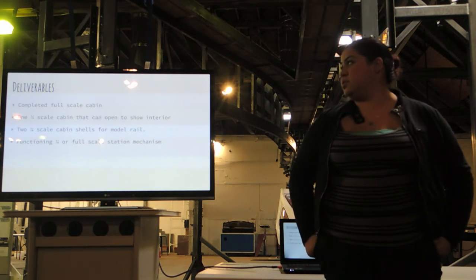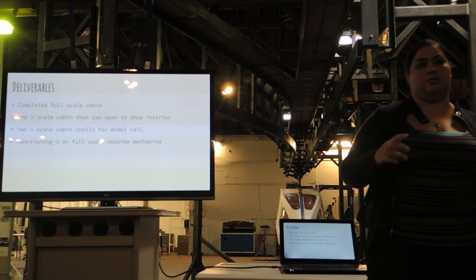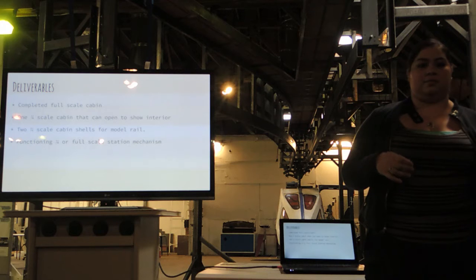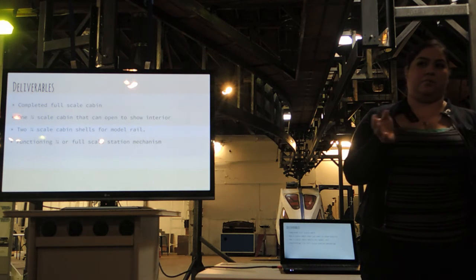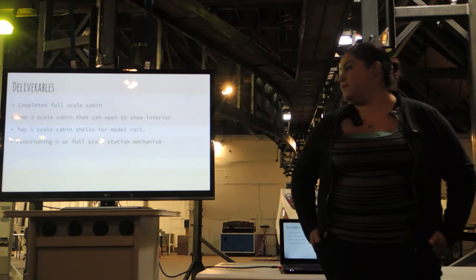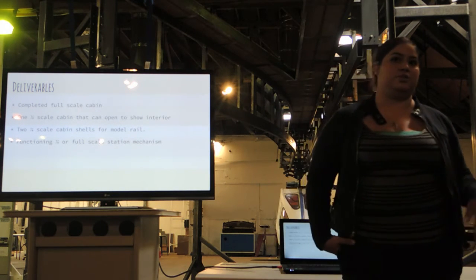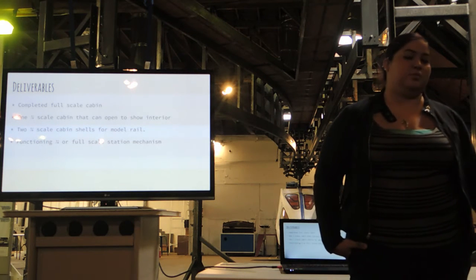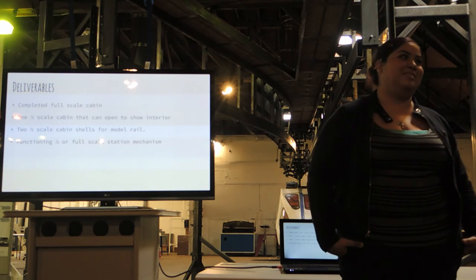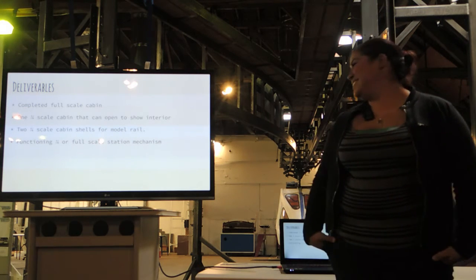And then the 2/4 scale cabin shells that will be used for the whole project, that will basically clamp on, and we might add in the interior as well. And then a functioning 1/4 scale mechanism as well, which Mark and Lucas will probably be working on for their project for mechatronics class.